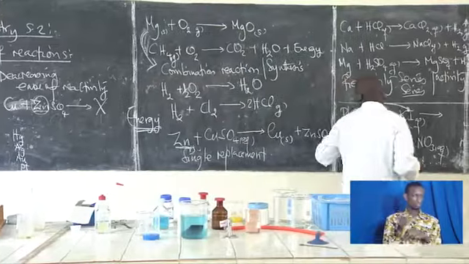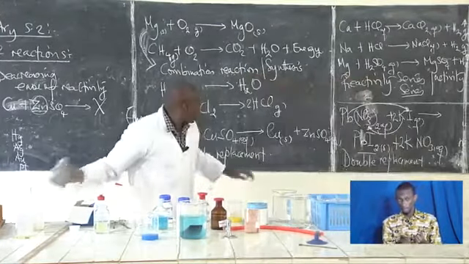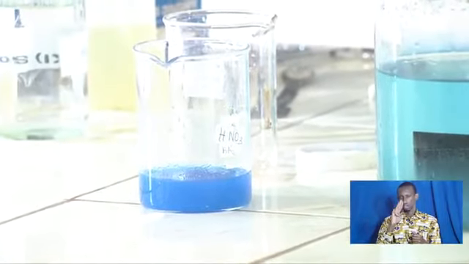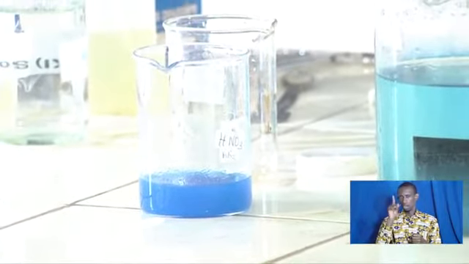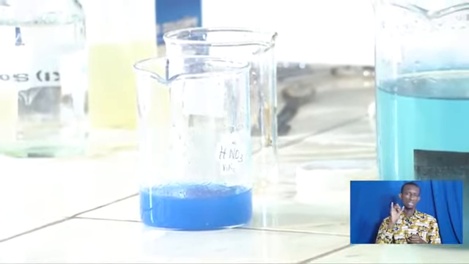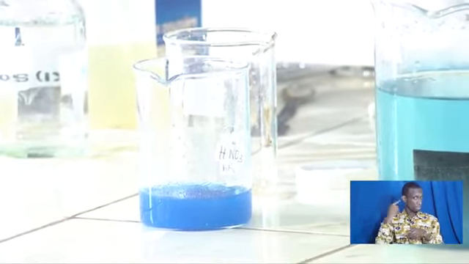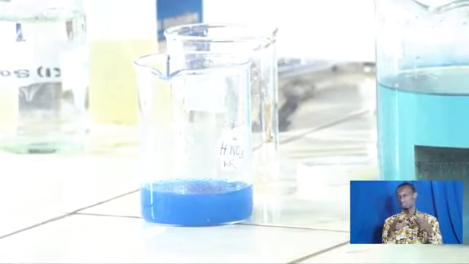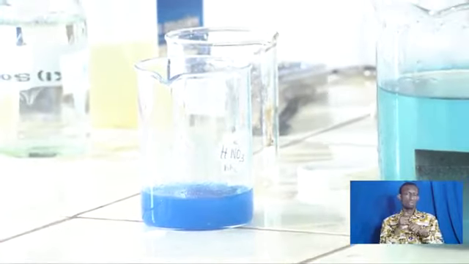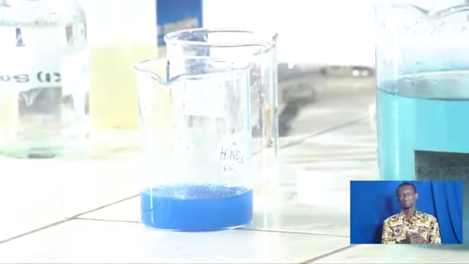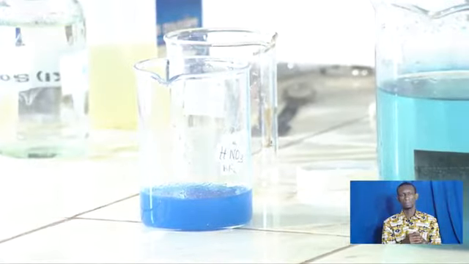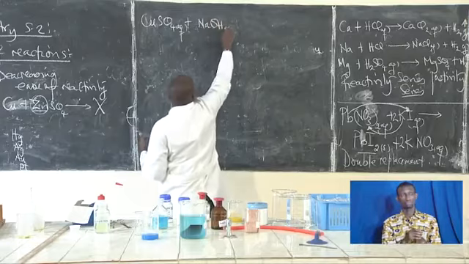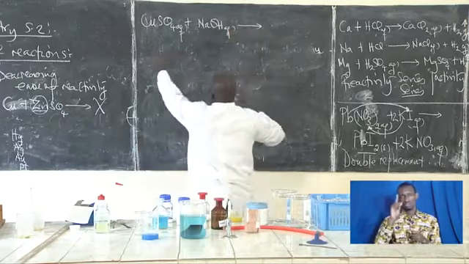So you have sodium hydroxide reacting with copper 2 sulfate. If you remember what we did the other time, we were writing only ionic equations. That is very common when we are dealing with ions. So we write copper 2 sulfate solution, and then it is reacting with sodium hydroxide. What does it give here?